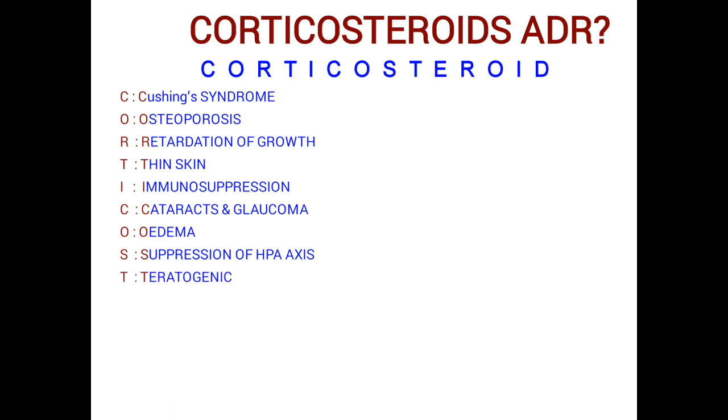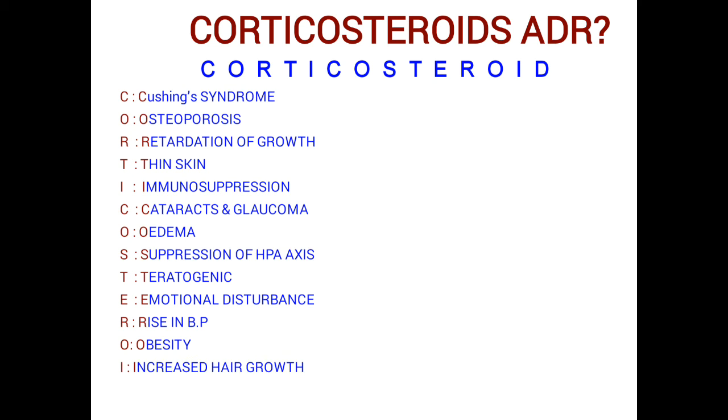With T, teratogenic, and with E, emotional disturbances, with R, rise in blood pressure, with O, obesity, and I, increased hair growth, and D, diabetes. So lots of side effects of corticosteroids can be remembered by using the name corticosteroid.